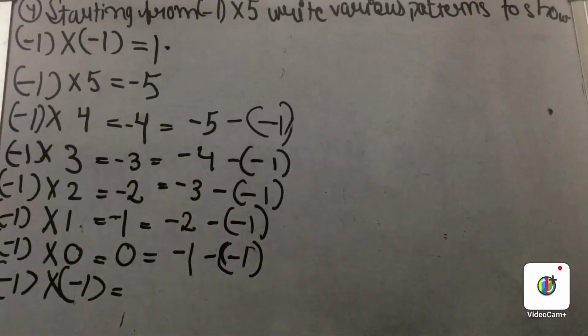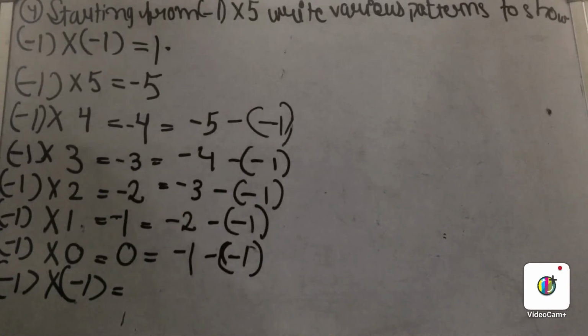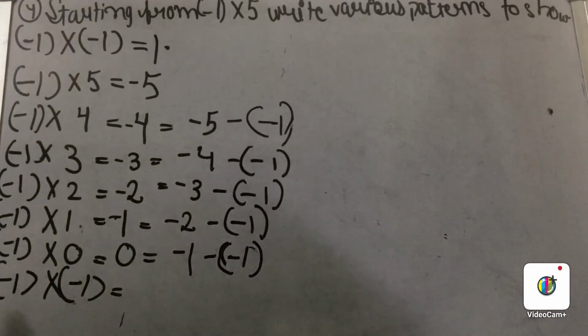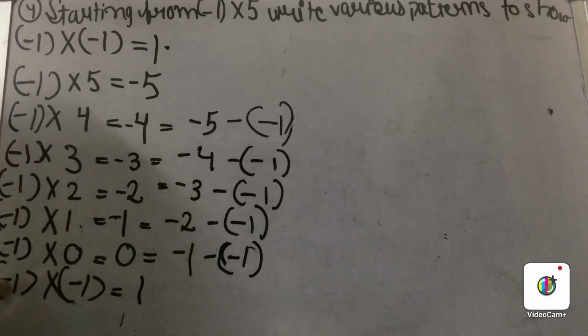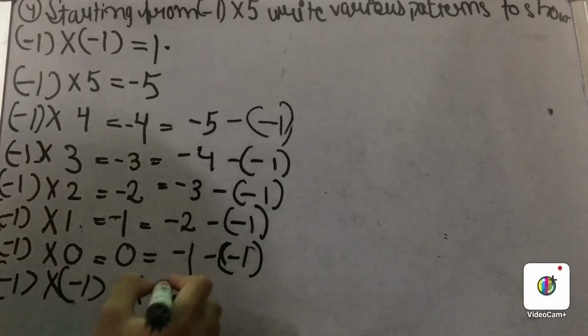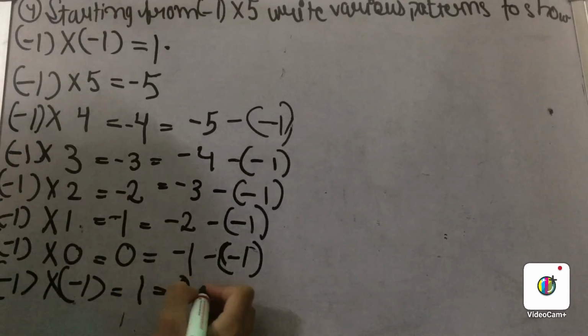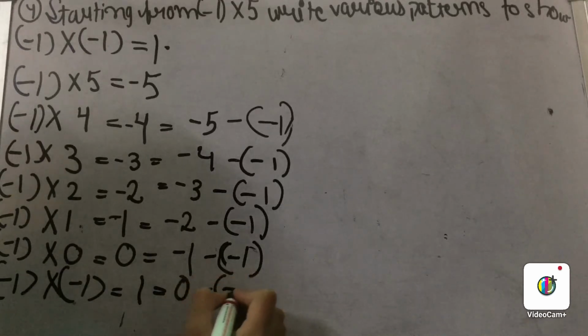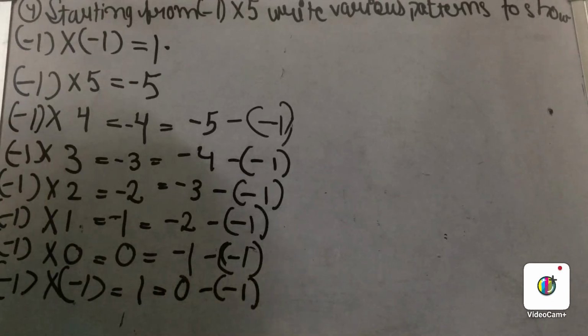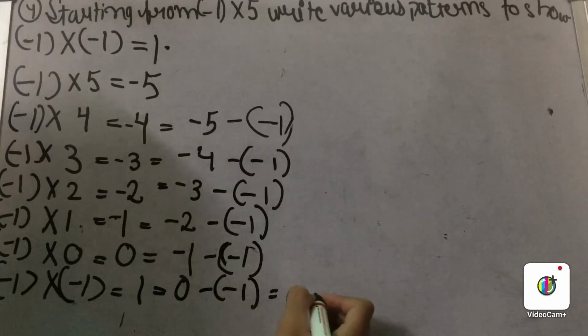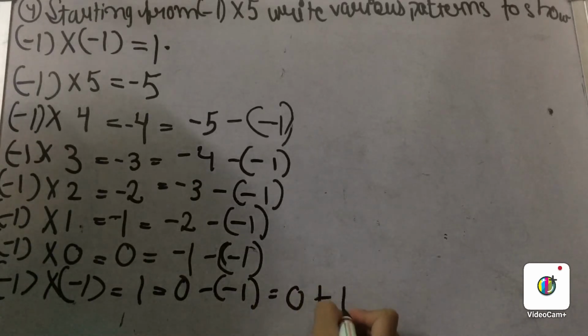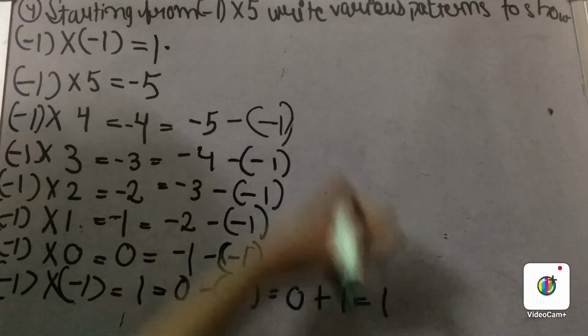Let us solve our last product. 1 one is 1, minus minus plus, so this will be plus 1, a positive integer. If we carry out 0 here and minus minus 1, then it will be 0 plus 1. So 0 plus 1 is 1.